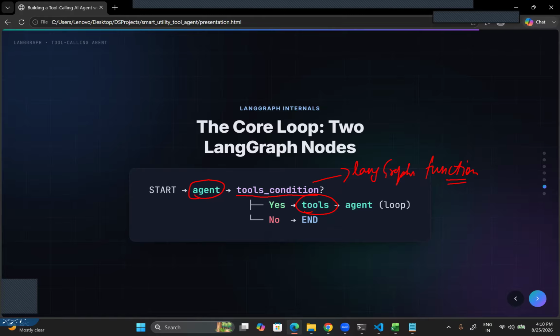Okay, let me show you the code base for it.